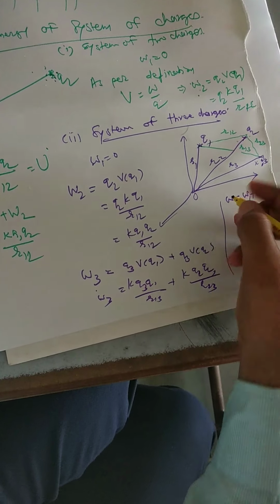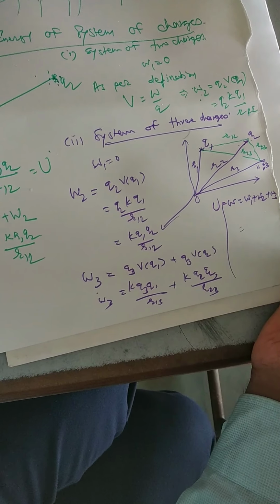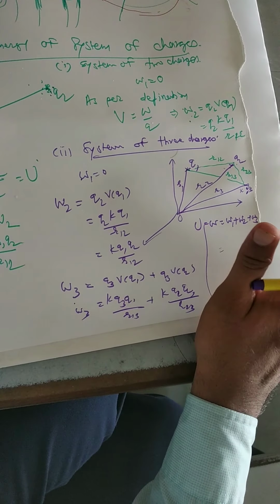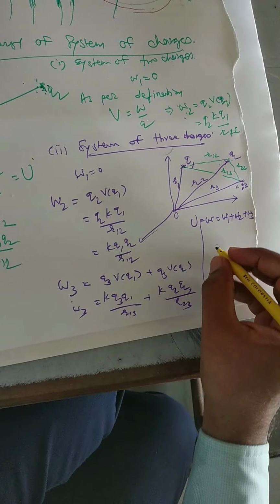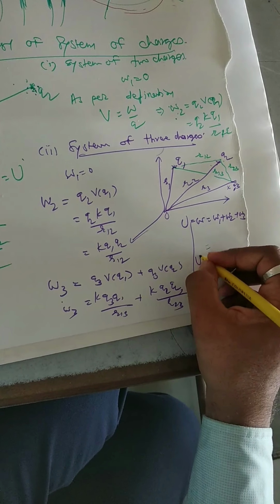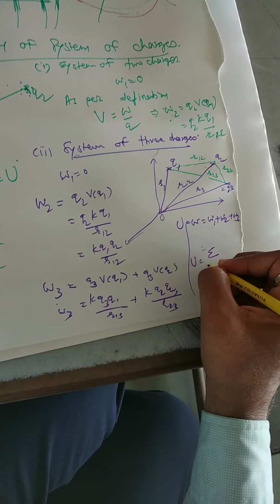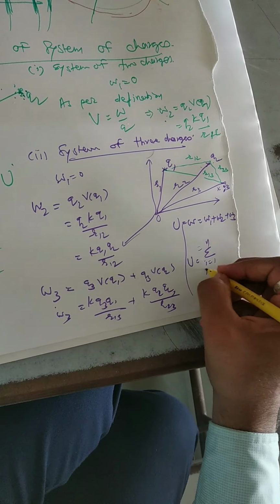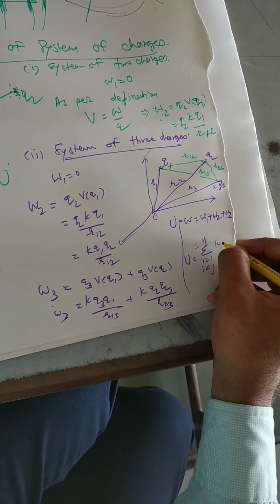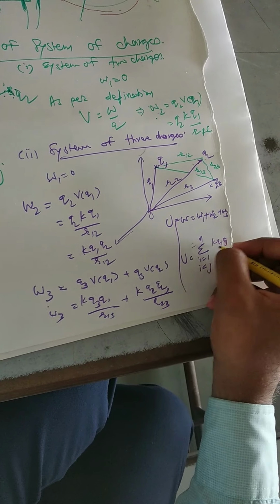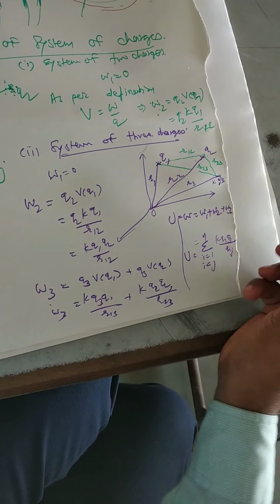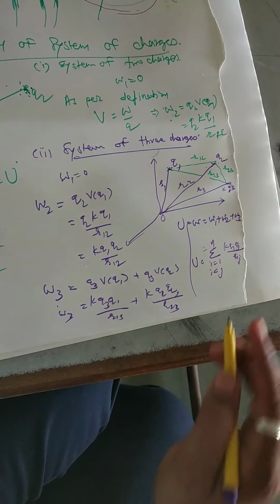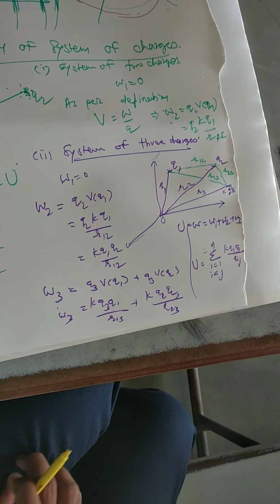So that total work done we can call the potential energy U. In generalized form we can write the equation of potential energy as the sum over i equal to 1 to n, where i is less than j, of k qi qj upon rij. That will be the generalized equation for this system of charges.